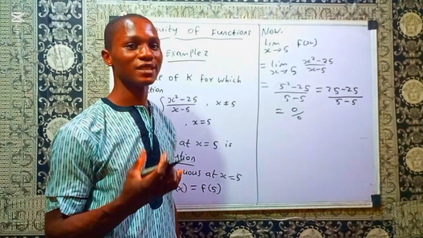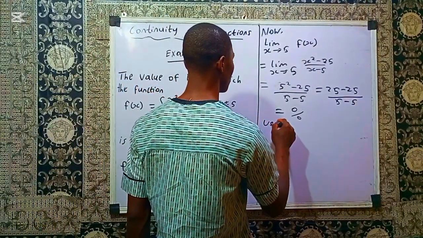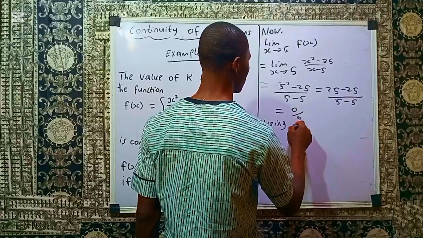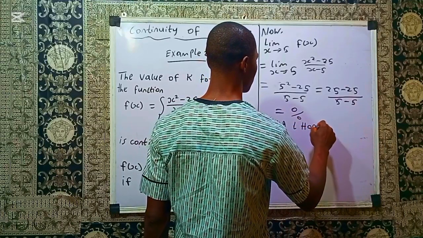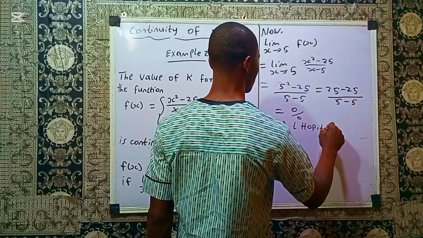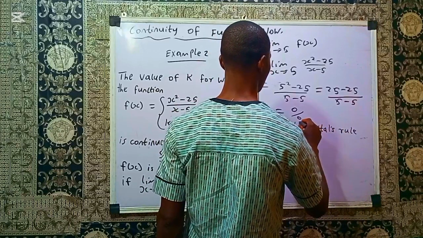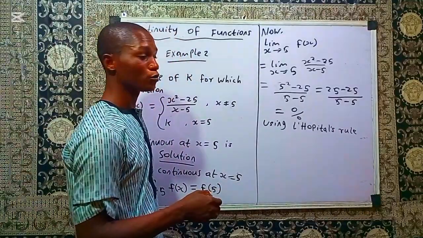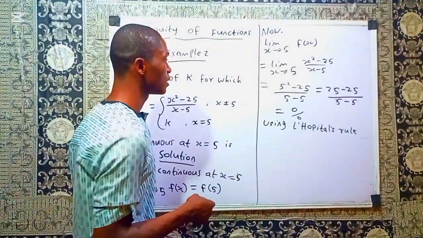Whenever you are evaluating limits and you get 0 over 0, you can simply use L'Hospital's rule. We use L'Hospital's rule to resolve it because we are getting 0 over 0, an indeterminate expression.